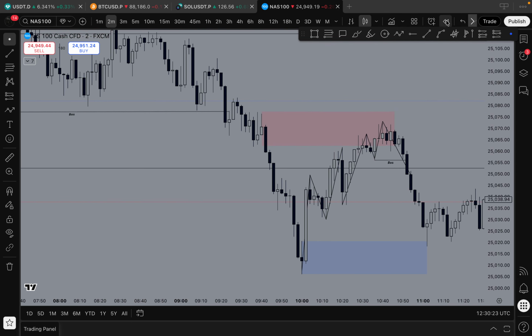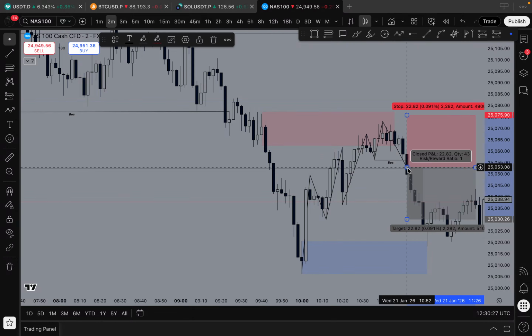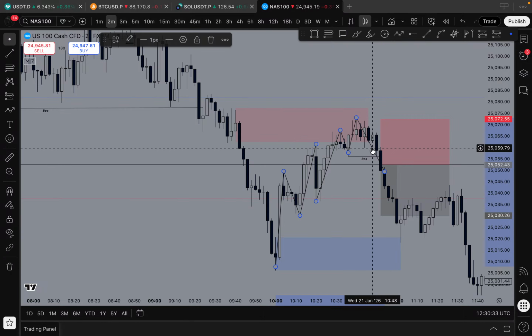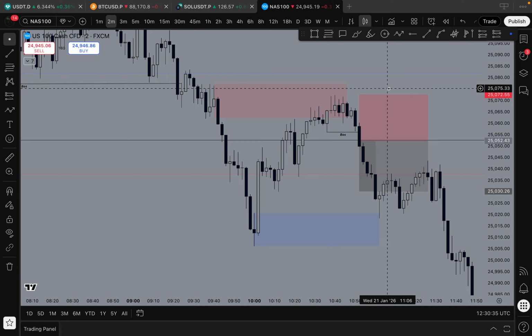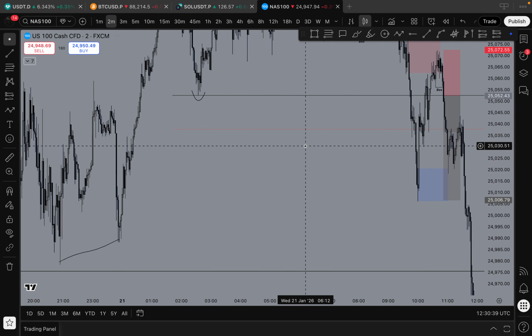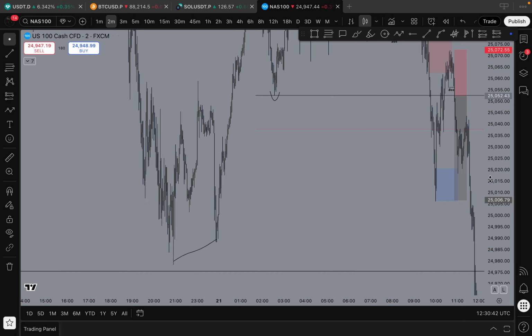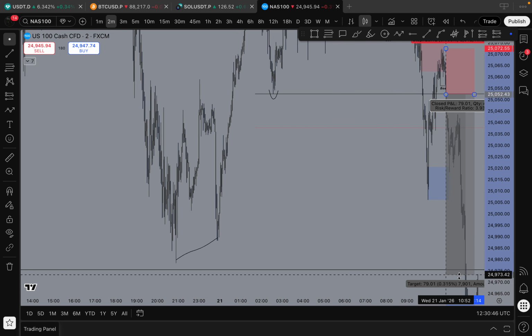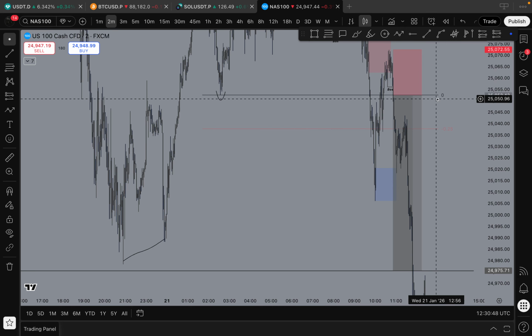So here I took short. It was low risk because, I think, right there. Stop above that supply high. Target the low right there. No, my target was the range low, because the range low was still open right here.